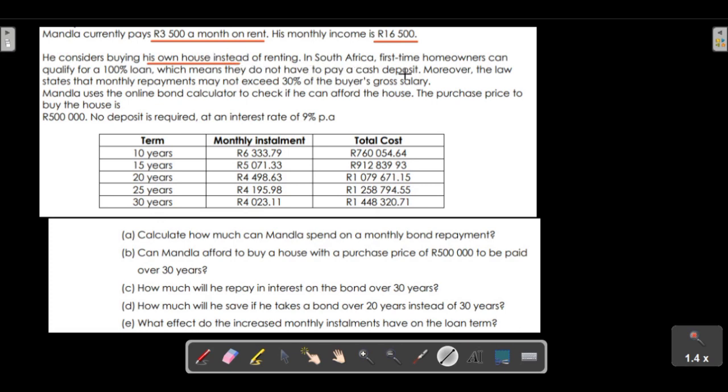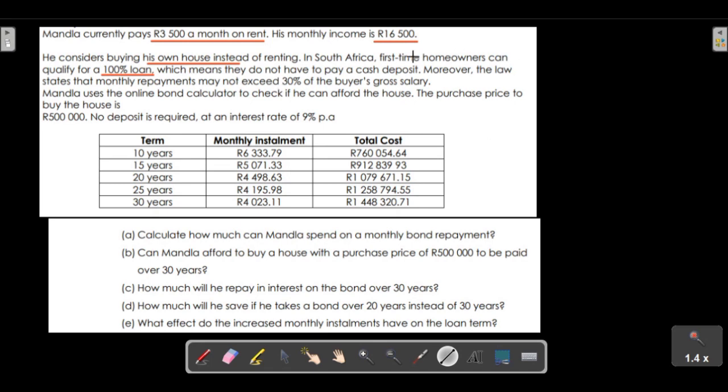In South Africa, first-time home buyers can qualify for a 100% loan. That means that the loan that you're borrowing, you're going to get exactly all of it. If you borrow 100,000, they are going to give you 100,000.